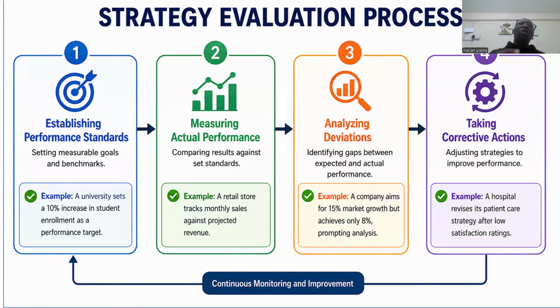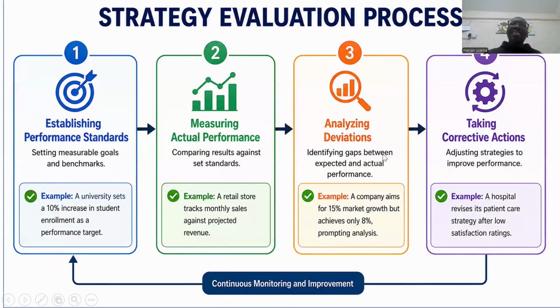But sometimes we set a target of 10% and we achieve 10%. Wow, that is great. Sometimes we set a target of 10%, but we get 20%. We have exceeded our performance. We have done excellently. So that is measuring actual performance. We compare what we have now with what we had initially planned for.